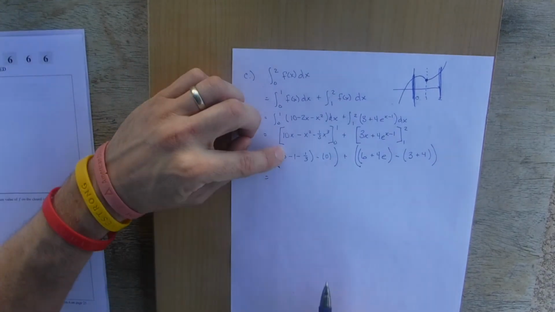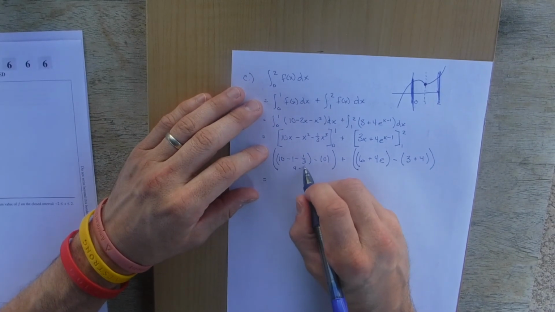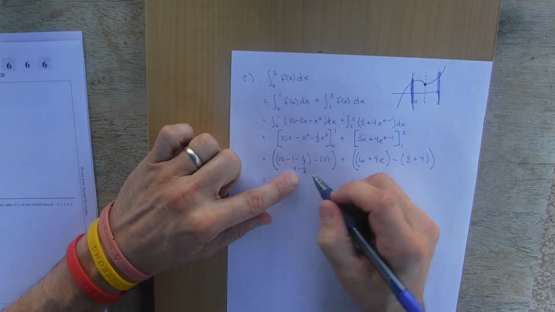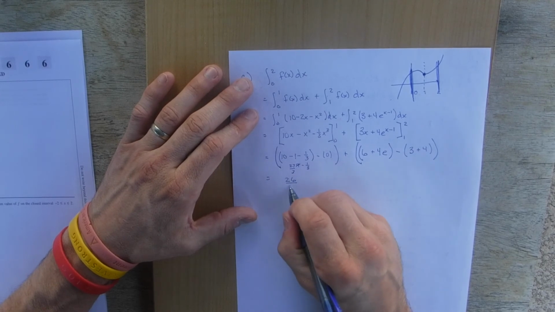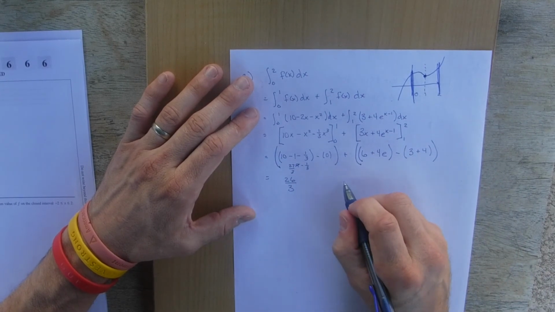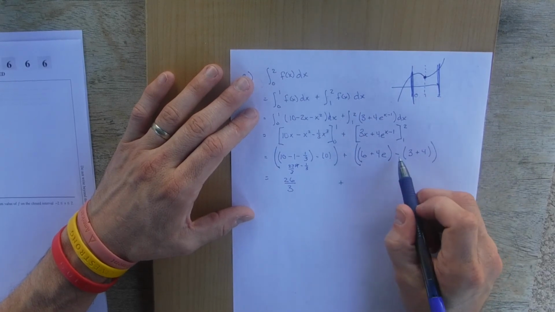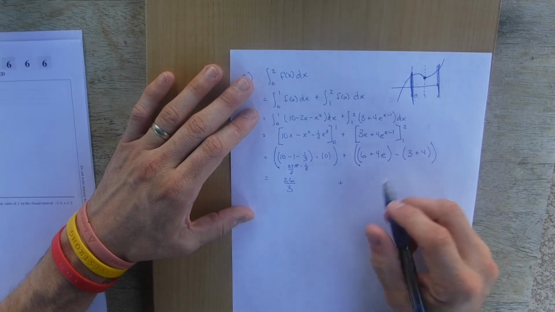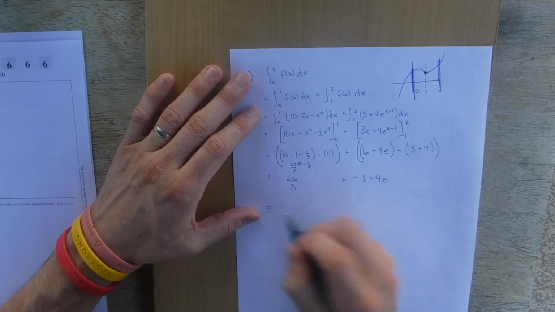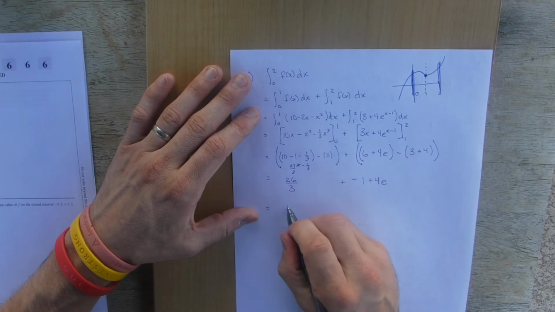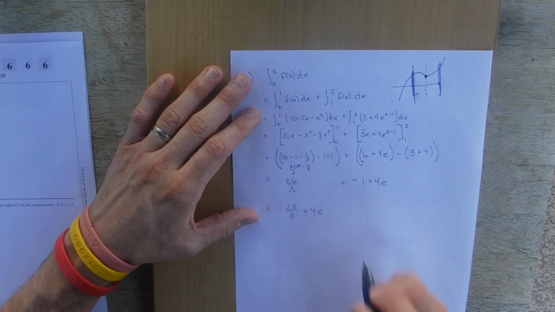Alright, so we have 9 minus 1/3, denominator of 3 would put this at 27/3, so this is 26/3 minus 0 plus, okay, 4e is just going to be along for the ride. This is 6 minus 7, so this is negative 1 plus 4e. 3/3, so this is 23/3 plus 4e.